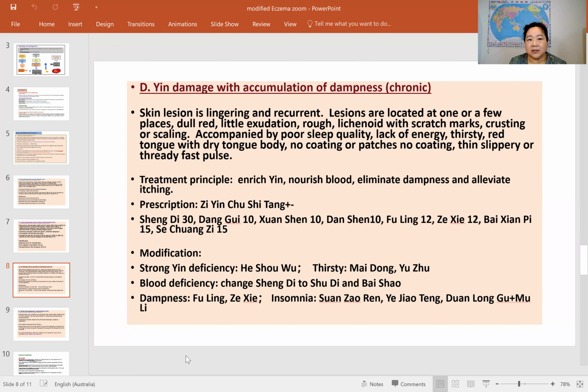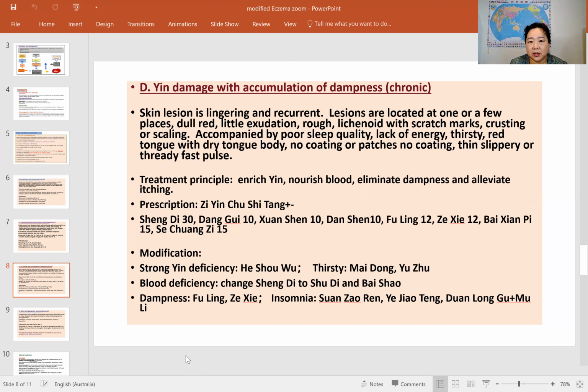The skin lesion appear dull red, little exudation, rough, lichenoid with scratching marks, crusting or scaling, accompanied by poor sleep quality, lack of energy, thirsty, red tongue with dry tongue body, no coating or patches, no coating, thin, slippery, or thready fast pulse.